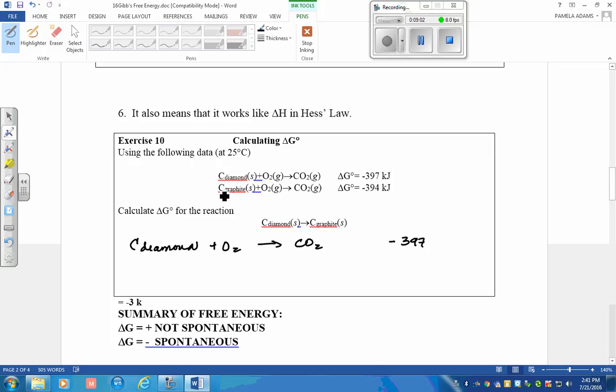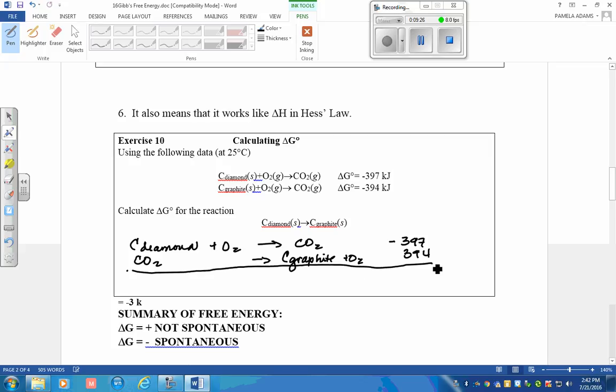However, the second elementary reaction I want to flip because I want the graphite to be a product as it is in my target reaction. So I go ahead and flip that. And then I flip my value of delta G. Now I'm ready to add everything together.